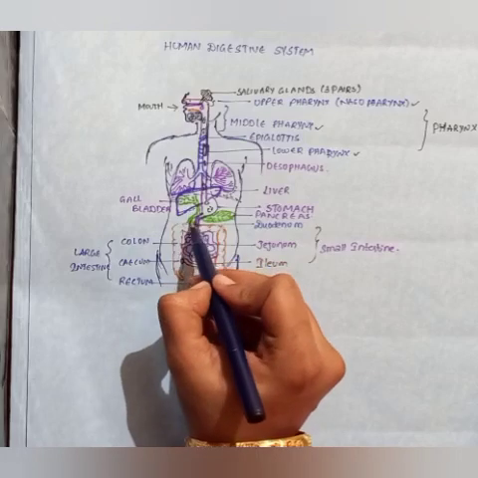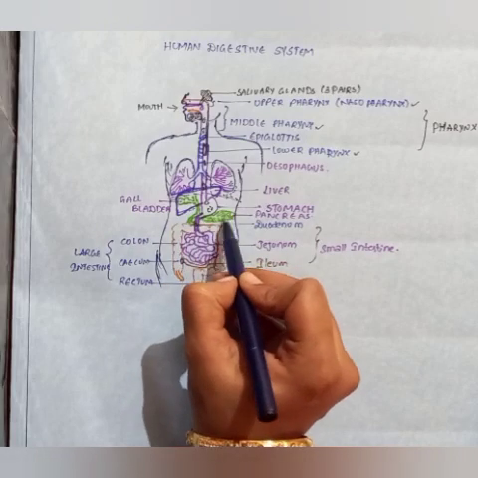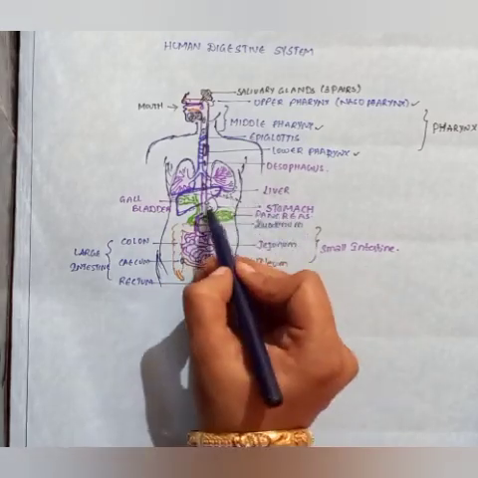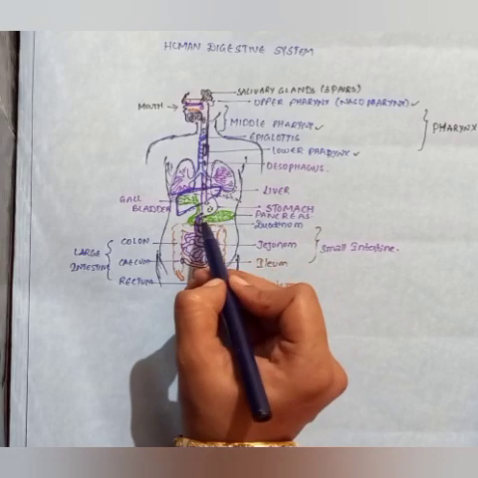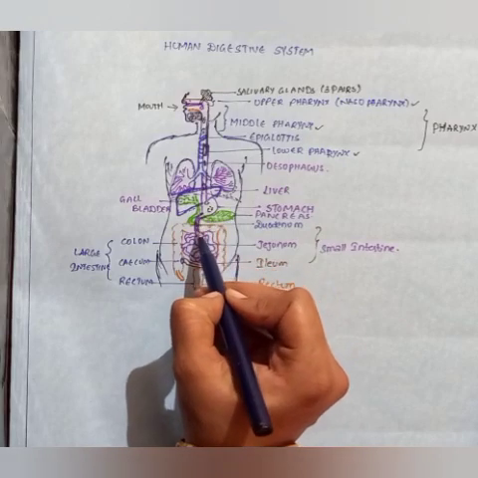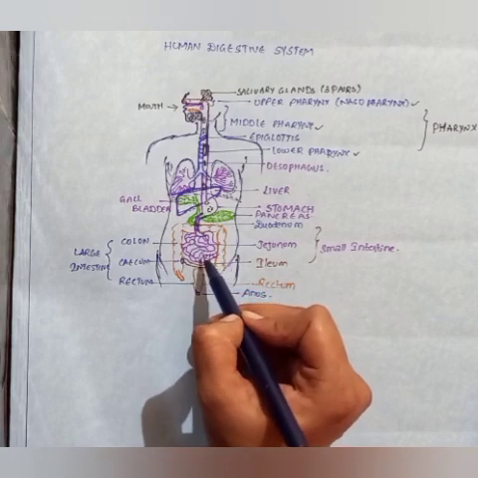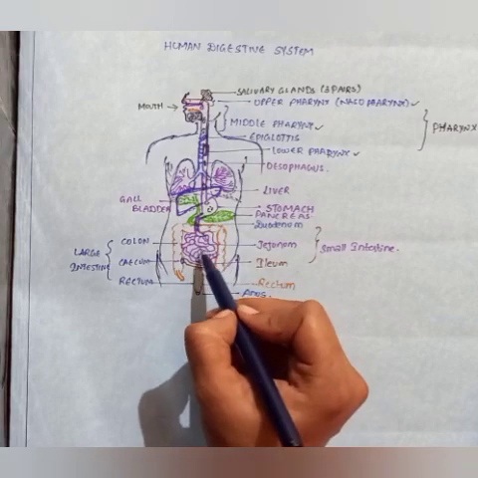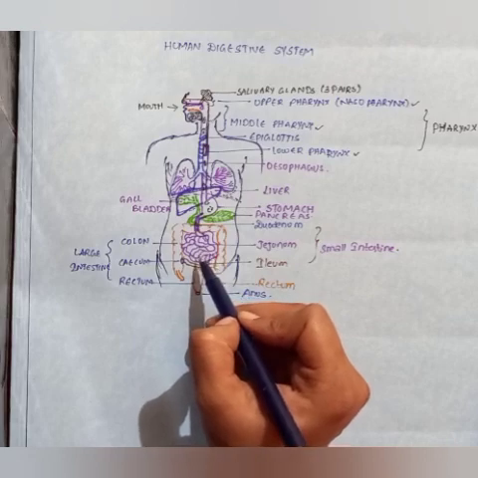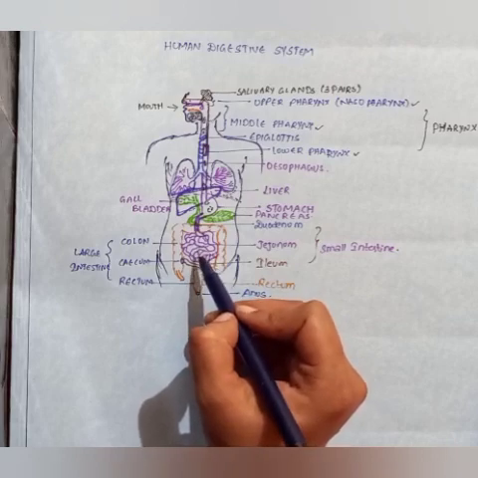Here it gets mixed with bile juice and pancreatic juice, and in the stomach it gets mixed with gastric juice. After the food is digested nicely, it reaches the jejunum. All throughout the small intestine you'll have many villi that absorb the digested food.